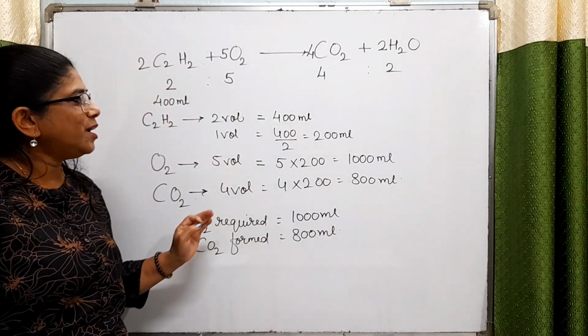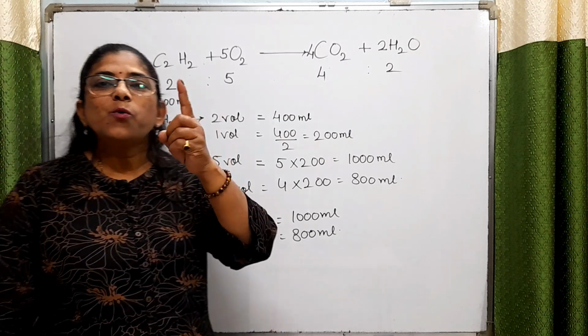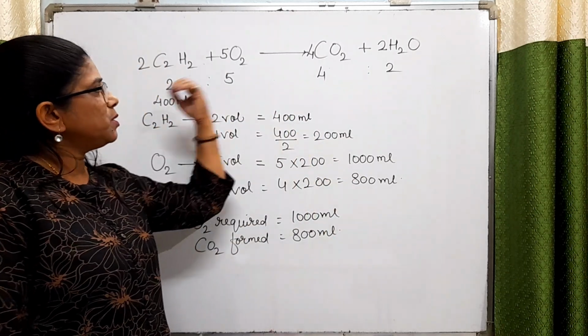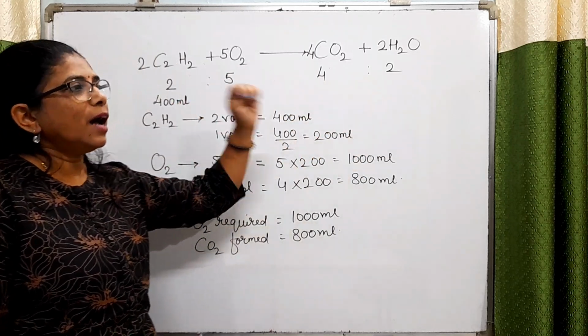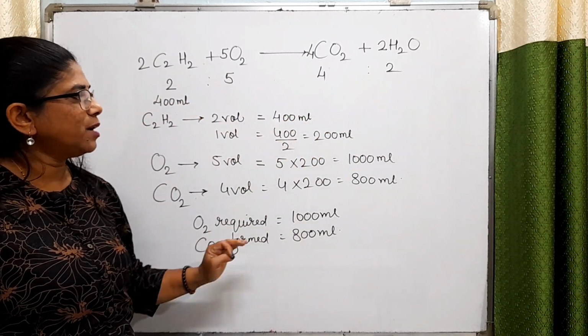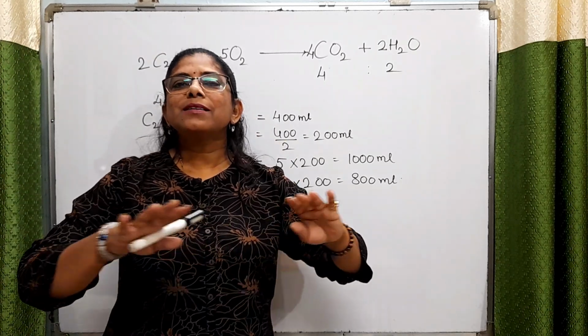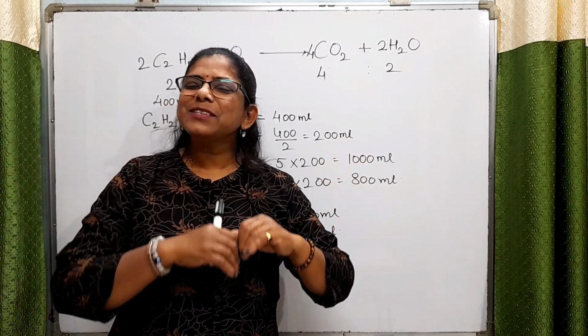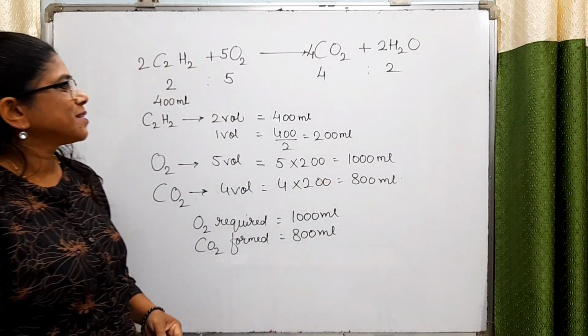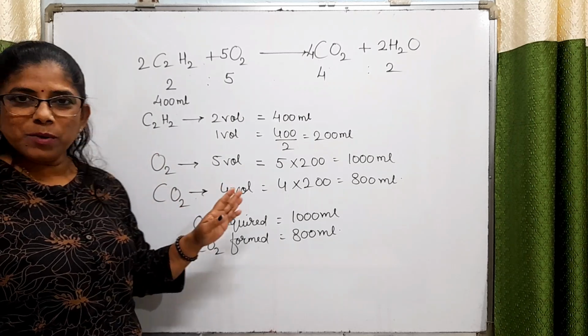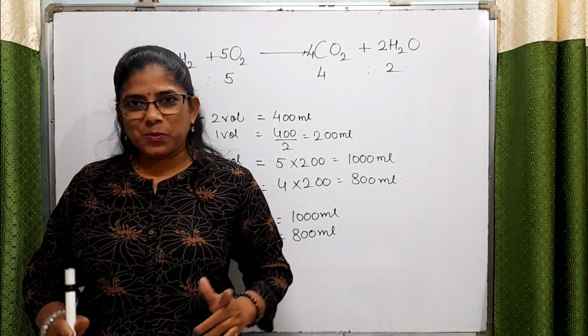We have to find out the value of 1 volume. Whatever data is given to us, write down the ratios of their volumes, and get the value of 1 volume. Once we get that, other things are very easy to find. So here we complete the third problem. Let's move to the next problem.